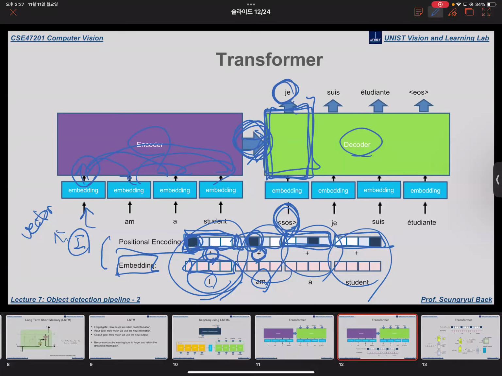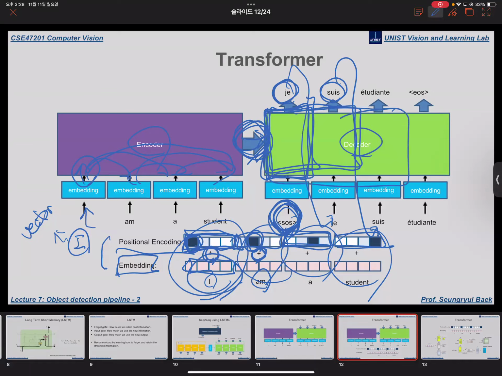And at the second step, we input this starting token with the first word we predicted, and then estimate the second word. Okay, and using this as the third input, we do this third inference, and also do the same for the last part until we meet this end of sentence token. We iteratively do the decoding.